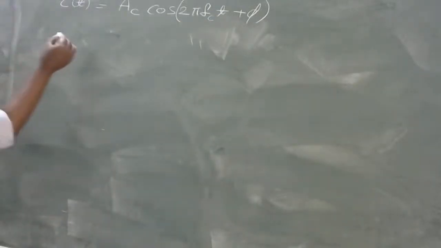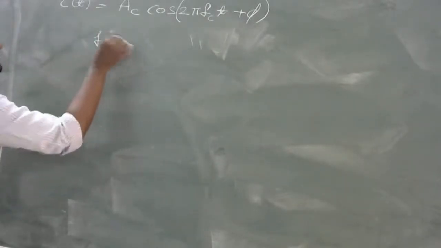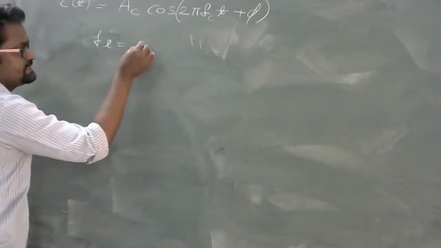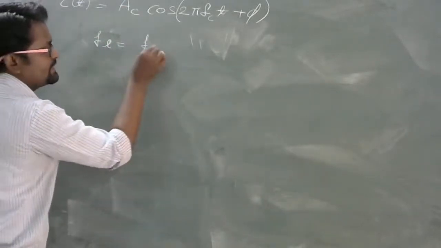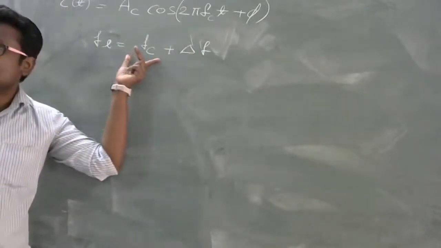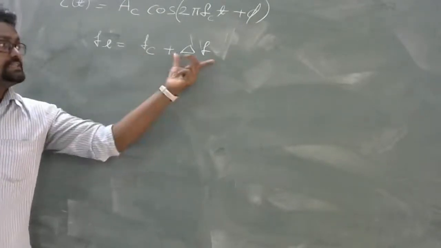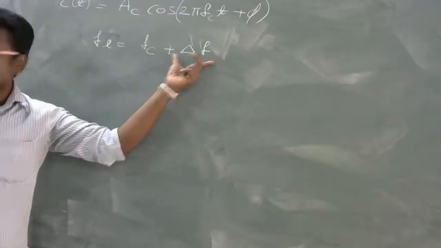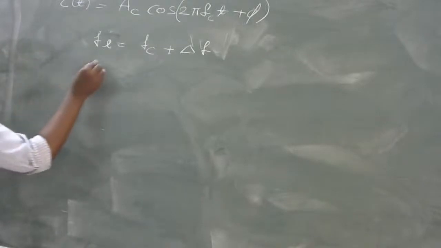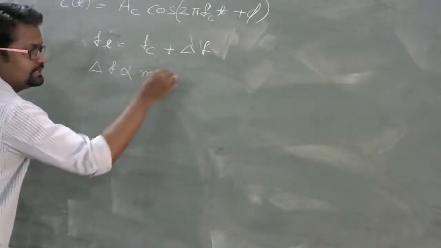Now, in the last lecture we already discussed that the instantaneous frequency Fi equals Fc plus del F. It means that before modulation the carrier frequency is Fc, and according to the changes in the modulating signal, this del F will change continuously. So this del F is directly proportional to m(t).